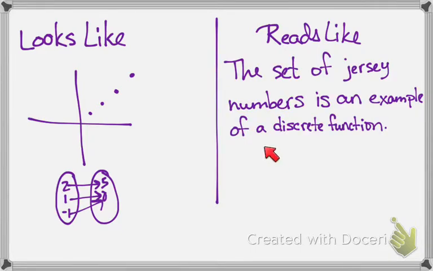And an example of how it could be read is if you think about jersey numbers of a team. The set of jersey numbers is an example of a discrete function. No two people should have the same jersey number. And you also wouldn't see somebody have 2.5 as a jersey number.